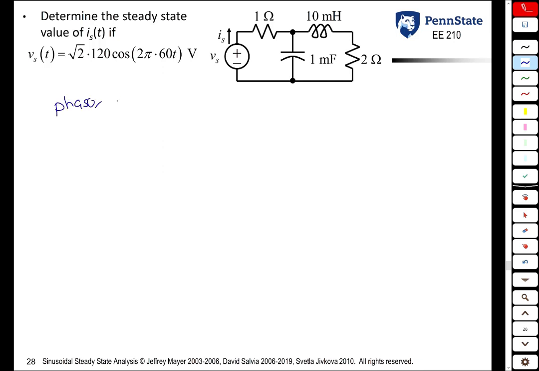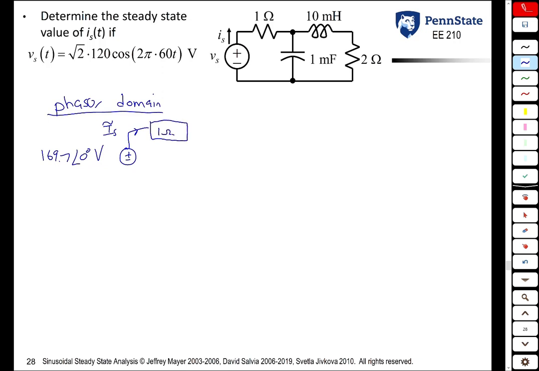In the phasor domain, the voltage source just becomes a voltage phasor, 169.7 at an angle of 0 degrees volts. The current we're solving for is now going to be a phasor variable. And every component now you replace by its impedance equivalent.